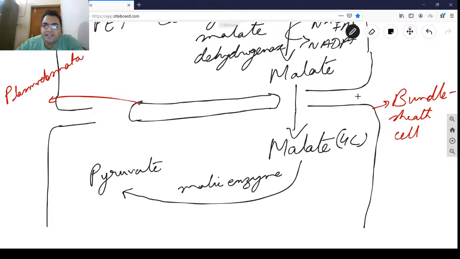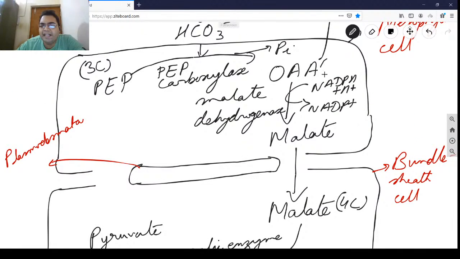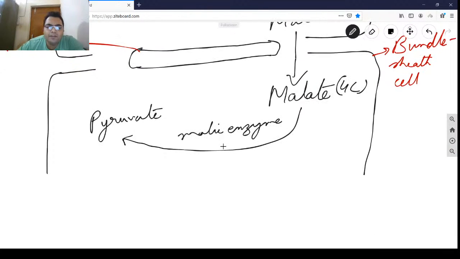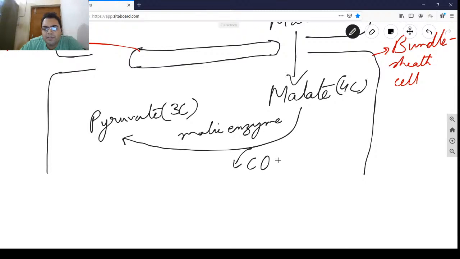Now the first reaction here produces the first compound, 4 carbon oxaloacetate, so it is known as the C4 cycle. This is 3 carbon. So malate is 4 carbon, pyruvate is a 3 carbon molecule. It means one carbon went out, one CO2 out. So one CO2 has been released, liberated, so oxidative decarboxylation.